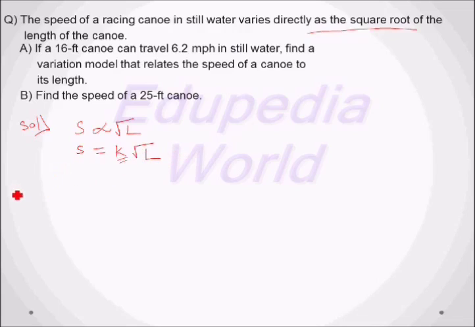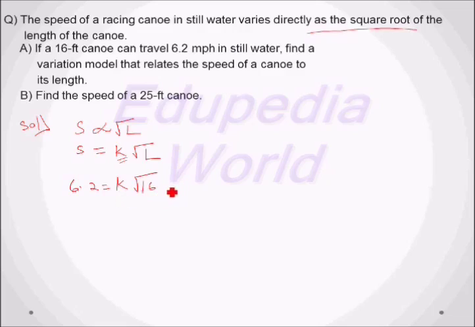It is given that for 16 feet length, the canoe can travel 6.2 meters per hour. So 6.2 equals K into root 16. Root 16 is 4.